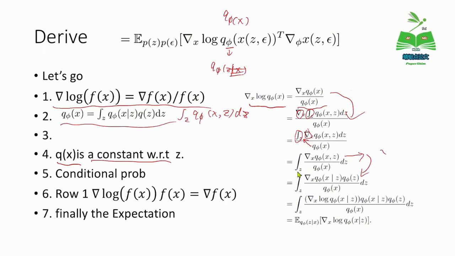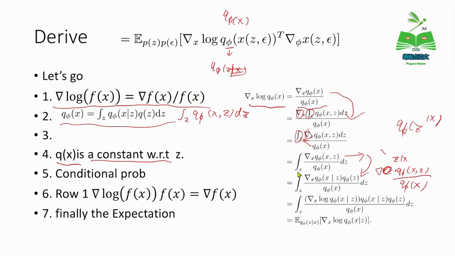And finally, because given z is not the target, we want to compute the gradient distribution of qz given x. So from this, our target is to get the q phi x z without gradient, in some form here, times the q phi x z distribution and divide by the q phi x.